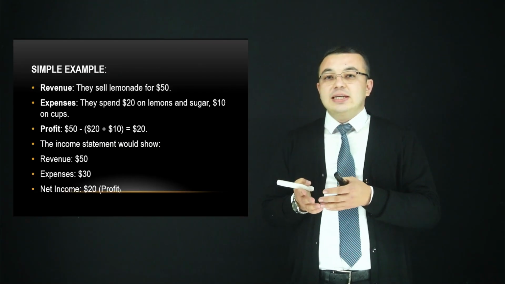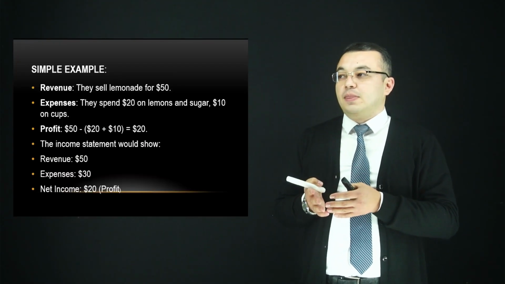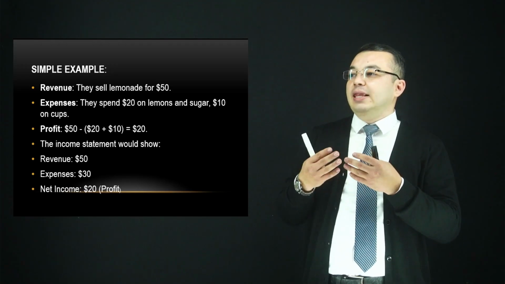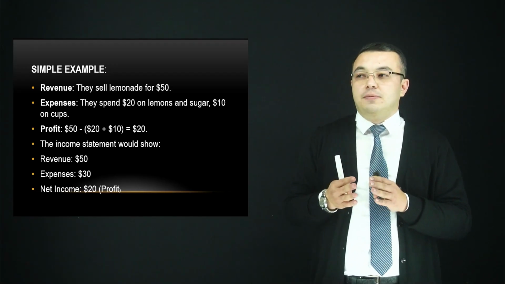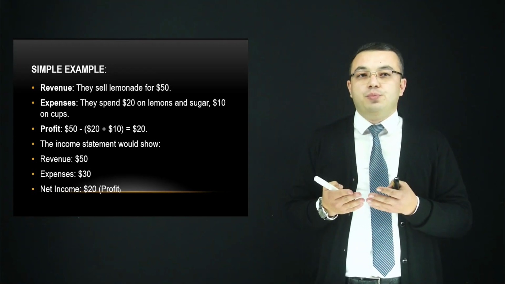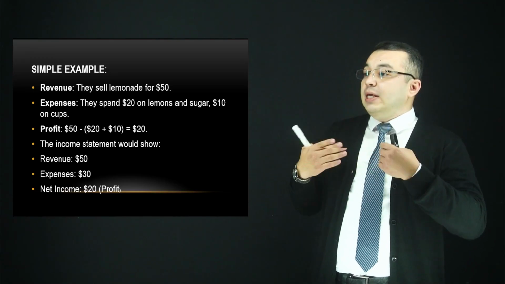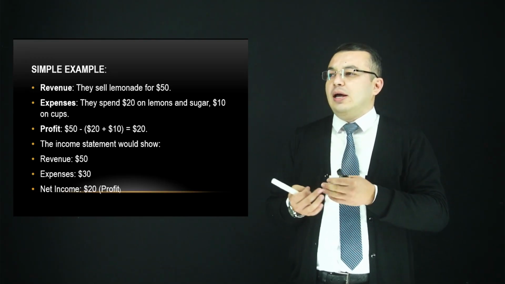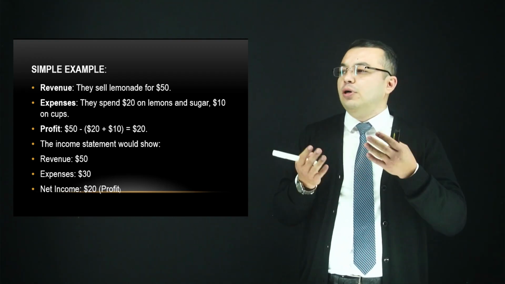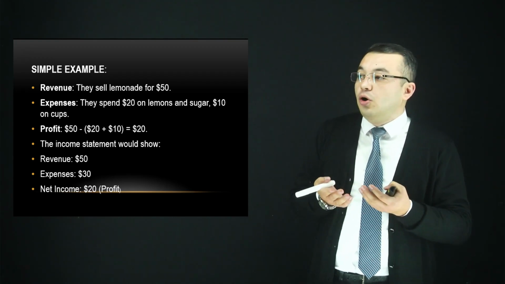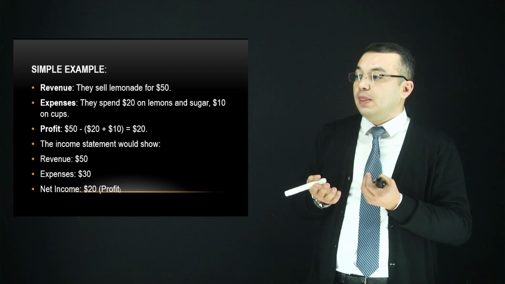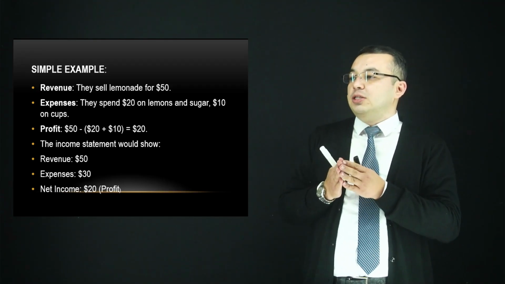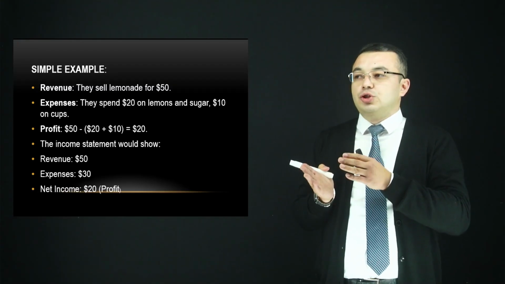Now we will see a simple example. Please pay attention. Imagine we sell lemonade for $50. It's revenue. And we spend $20 on lemons and sugar and $10 on cups. We call it expenses. We add $20 and $10, it will be 30, right?